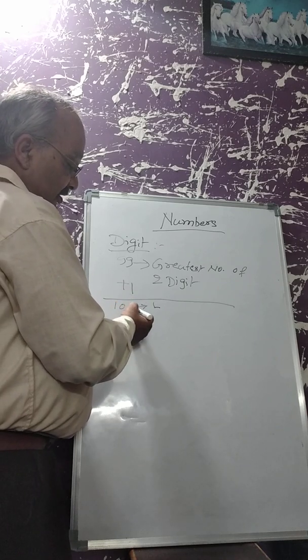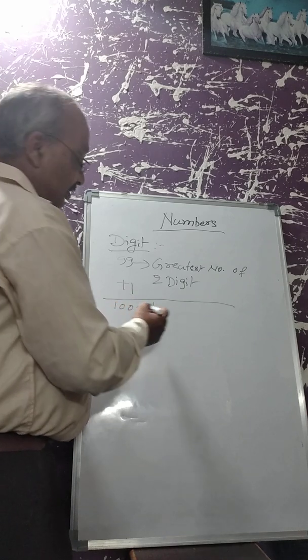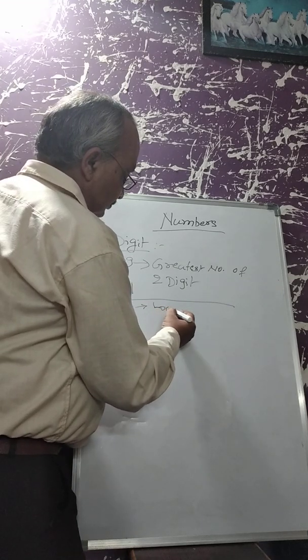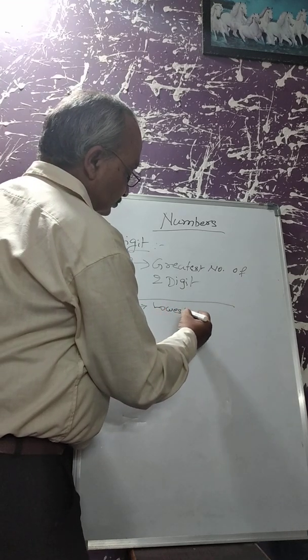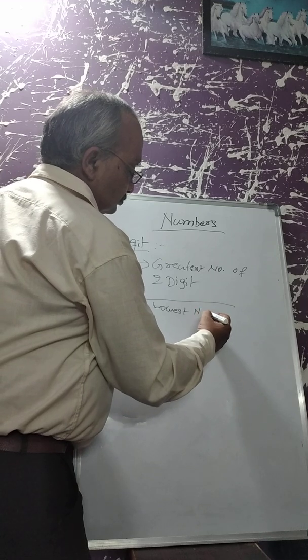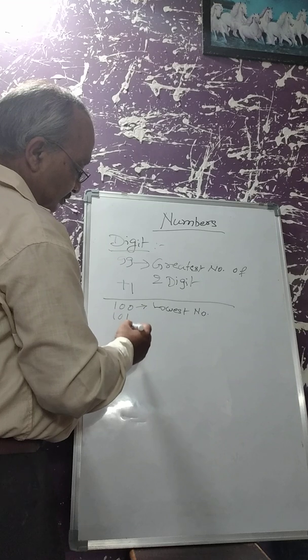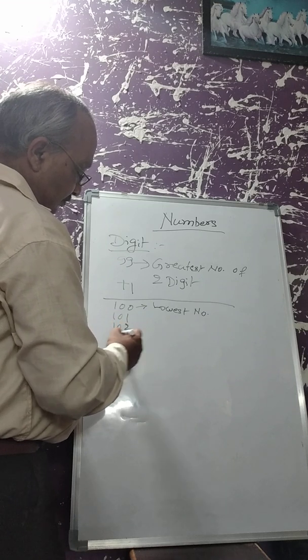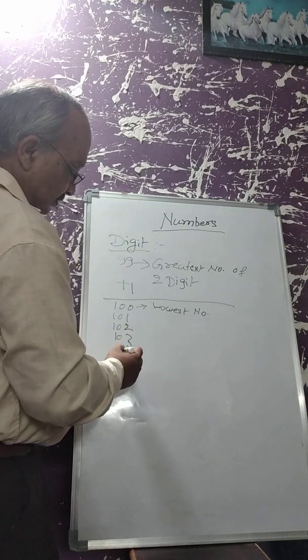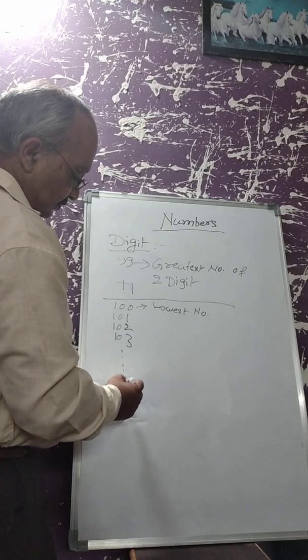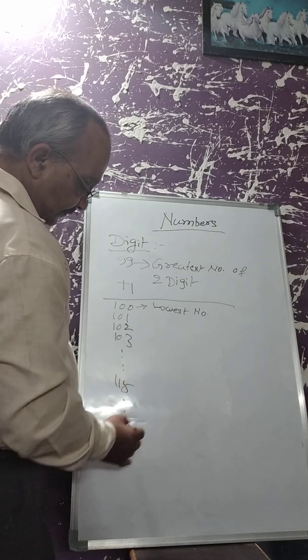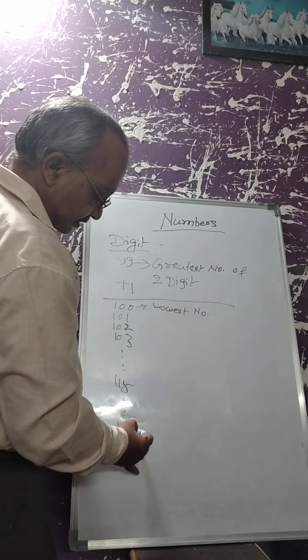So this is ultimately the lowest number of 3 digit. After this it will become 101, 102, 103, 115, 169.